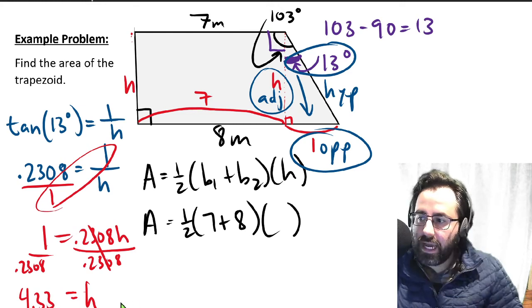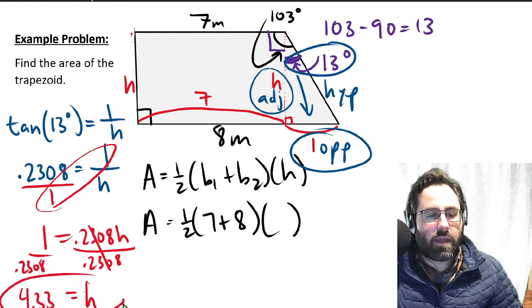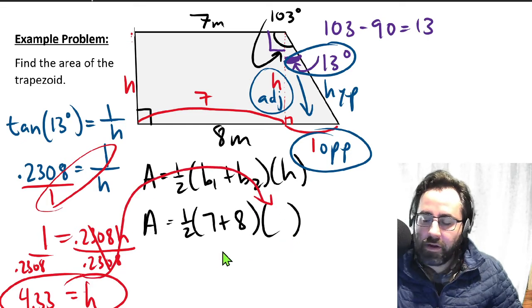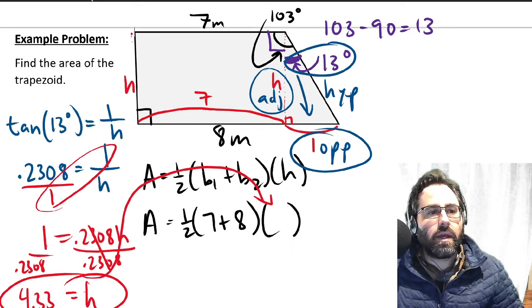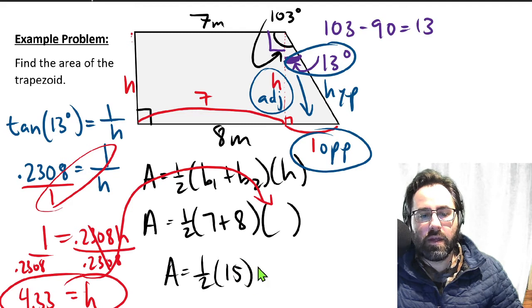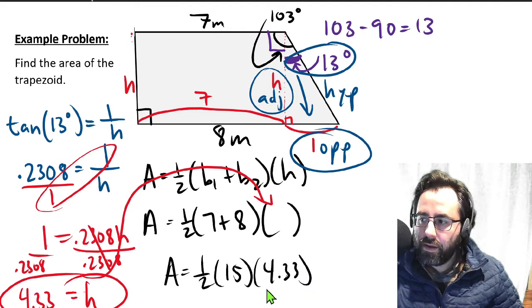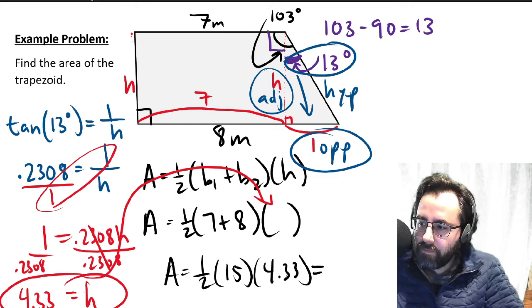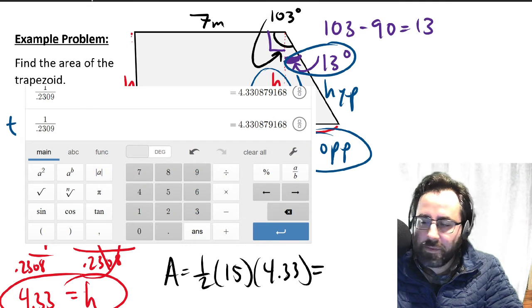Now with this height, we can take it and use that in our formula for the area of a trapezoid, and we'll finish it off right now. So let's see. Area is going to be 1/2 times 7 plus 8, which is 15, times the height, 4.33. And let's see what we get. I'll remember to turn decimals on this time.